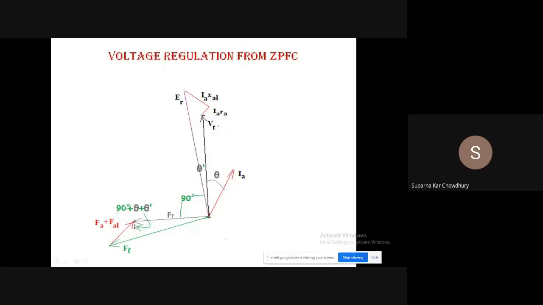So this is the resultant MMF. Sorry, this is the field MMF FF. Corresponding to this FF, we determine EF from the open circuit characteristic, and (EF minus VT) by VT will give you the regulation.